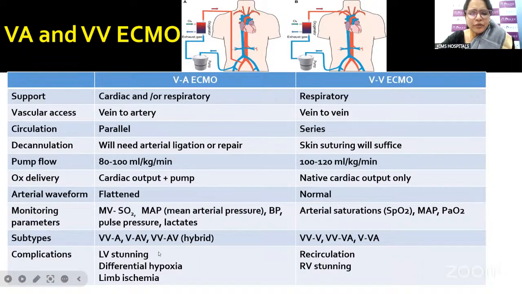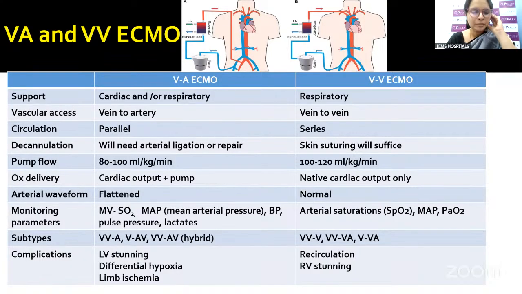Whereas with VA ECMO, we may find other problems because the return blood at a significant flow of around 100 ml per kg per minute is pumped back into one of the vessels, from the descending artery. One may sometimes find LV stunning, especially in a patient with reduced myocardial function.